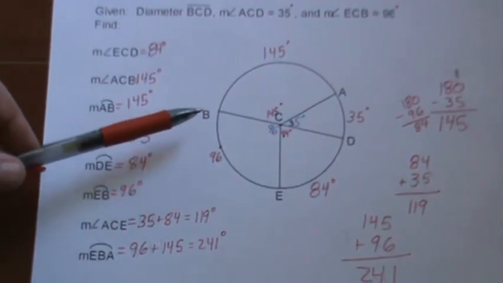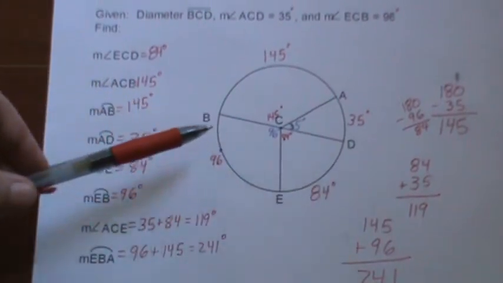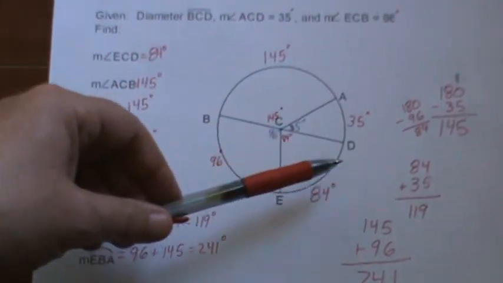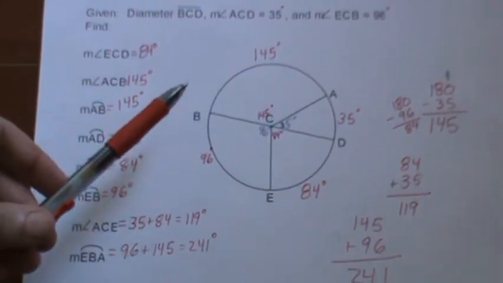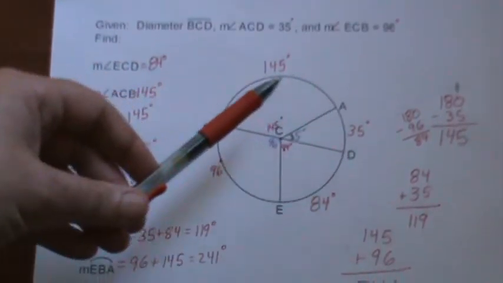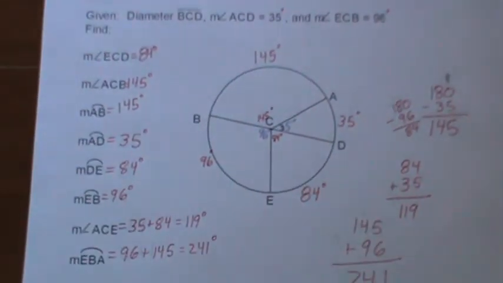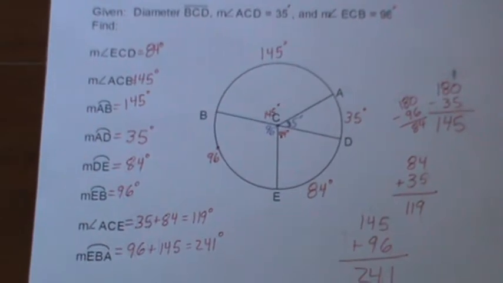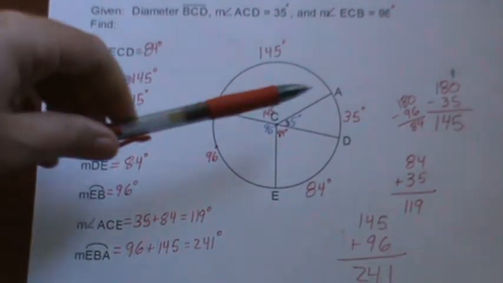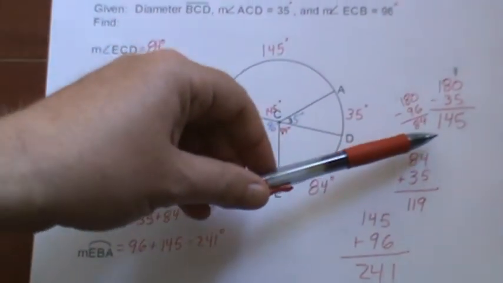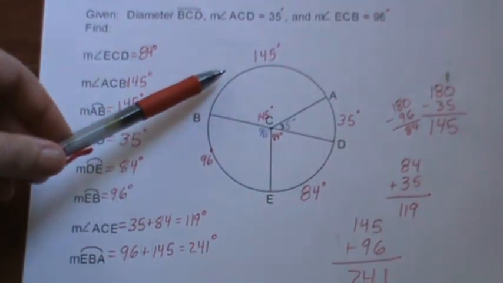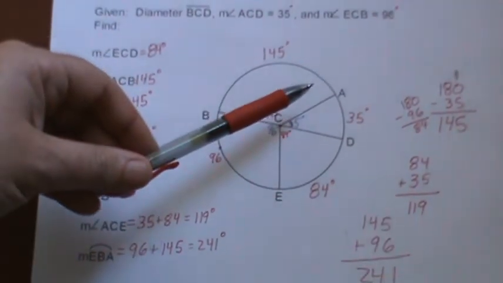Now I'm going to use the fact that I have this diameter. So since I have diameter BCD, I know that this half circle has to measure 180 degrees. So if I take 180 and subtract 35, it leaves me 145 degrees for the measure of arc BA.